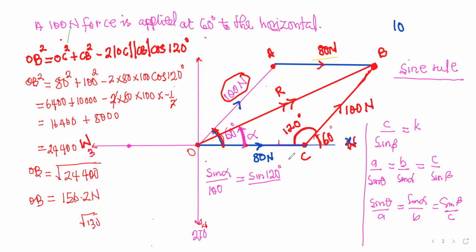That's the resultant, which when we calculated, we had 156.2. So make sine alpha the subject: when you cross multiply, 100 times sine 120 divided by 156.2. Class, help me find alpha.